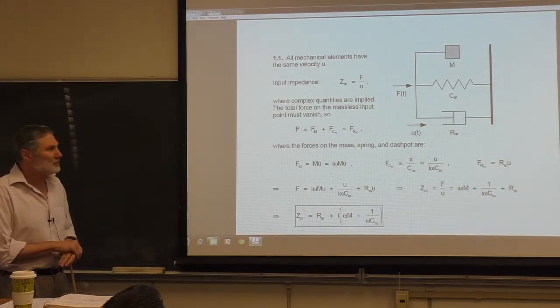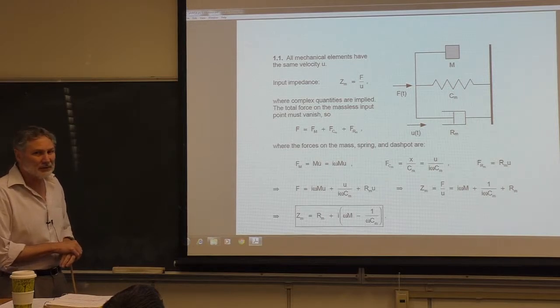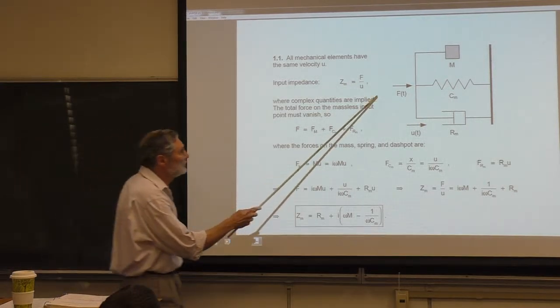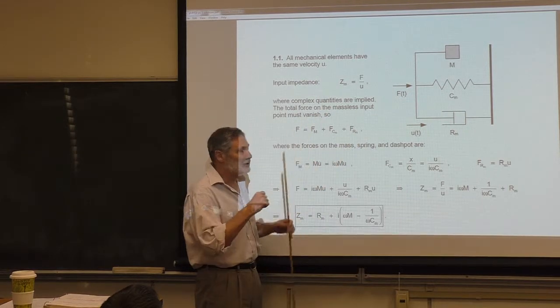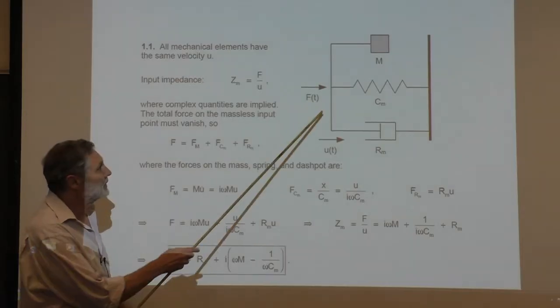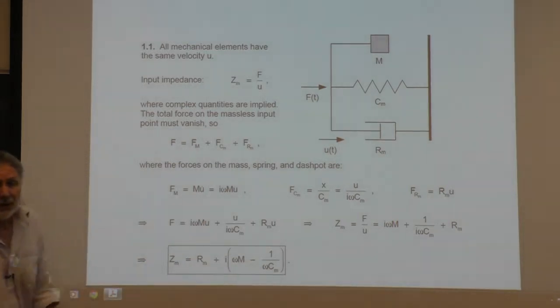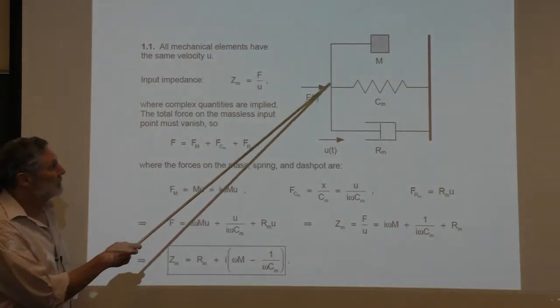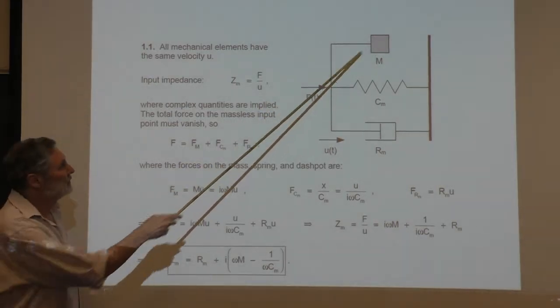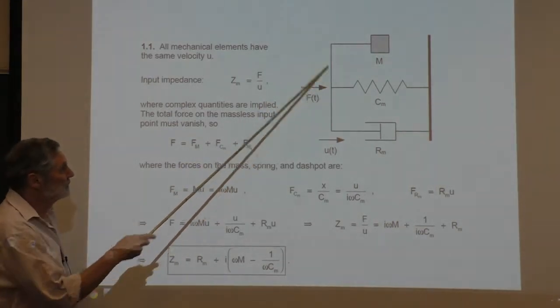We're going to find the input mechanical impedance. There's an external force F, some external agent exerting this oscillatory force, capital F. That agent feels an input impedance, defined as the complex force divided by the complex velocity at this point, which is the same velocity as the mass, you'll notice.